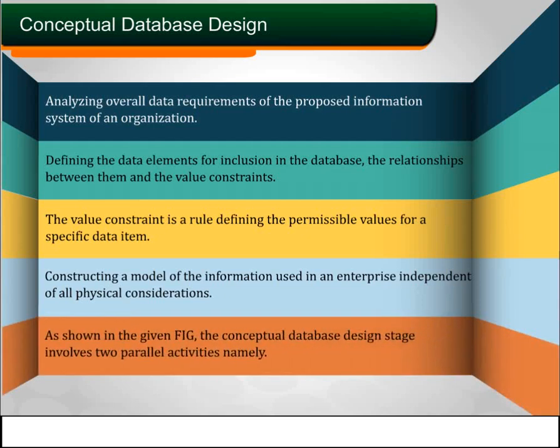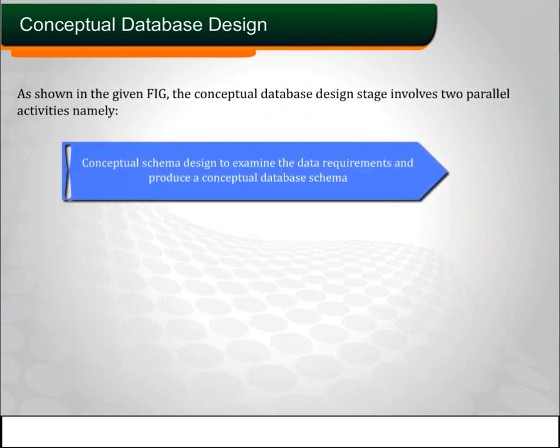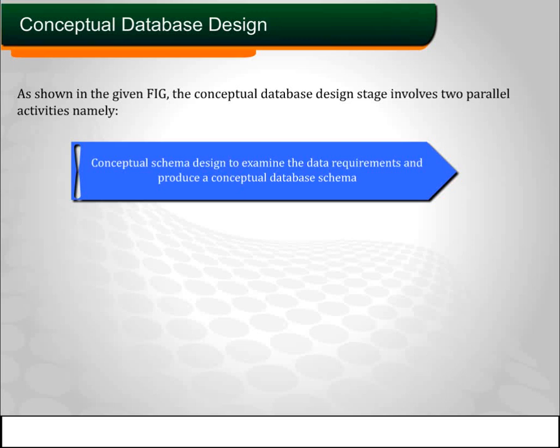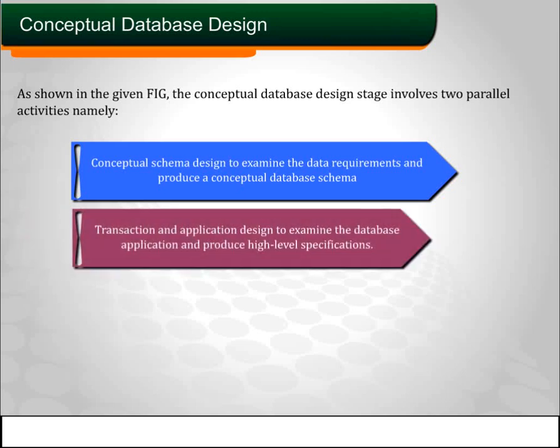As shown in the given figure, the conceptual database design stage involves two parallel activities, namely, conceptual schema design, which is to examine the data requirements and produce a conceptual database schema, and transaction and application design, which is to examine the database application and produce high-level specifications.